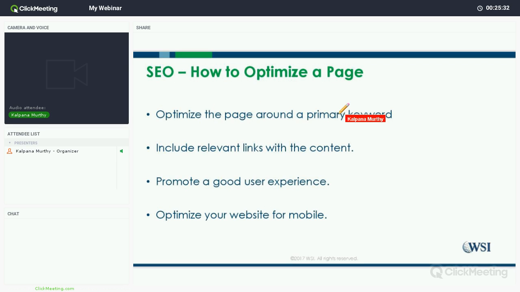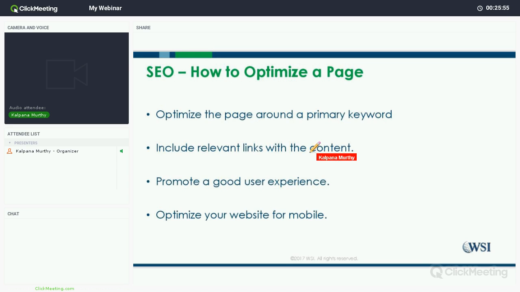And just a few guidelines on how to optimize a page. Of course, you have to optimize the page around a primary keyword. When you do keyword research, you are going to pick a primary keyword based on the search volume, how many people are searching for that keyword, and also there will be related keywords that you can use as secondary keywords in your content.